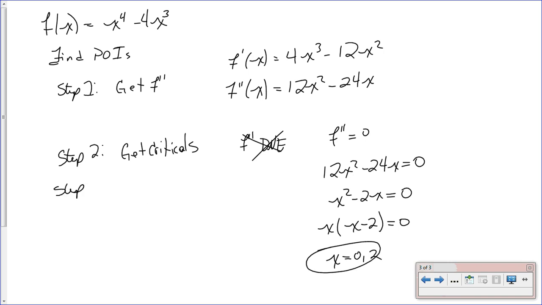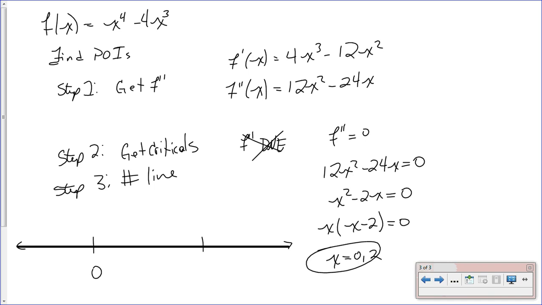So now step 3 is our number line step. We need to draw a number line and plot our critical values that we just found. Here's 0, here's positive 2. Now for step 4, we want to test and find our points of inflection, because it'll be where they change sign. So test a point here, here, and here.